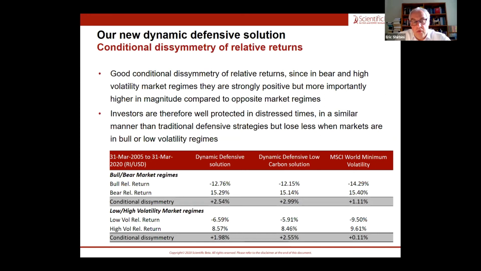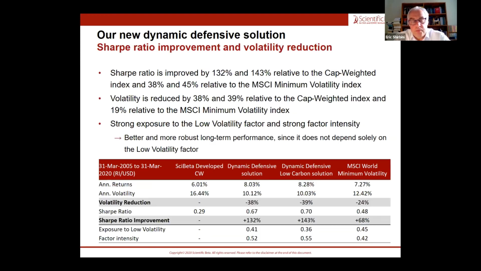But in a high vol regime, we have fairly similar returns. So it really helps us, not just over the long term, but it also helps us during bull markets, and during prolonged periods of low volatility in terms of return as well. So this is what we mean by the asymmetric relative returns in these different market conditions.